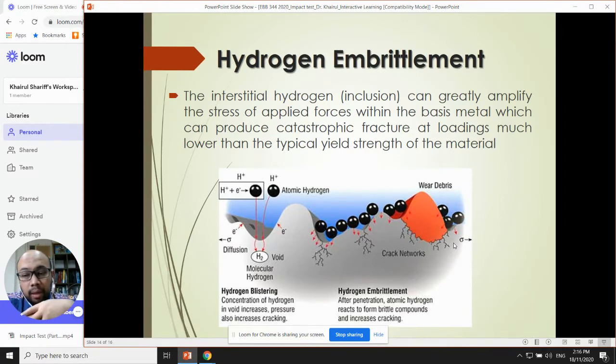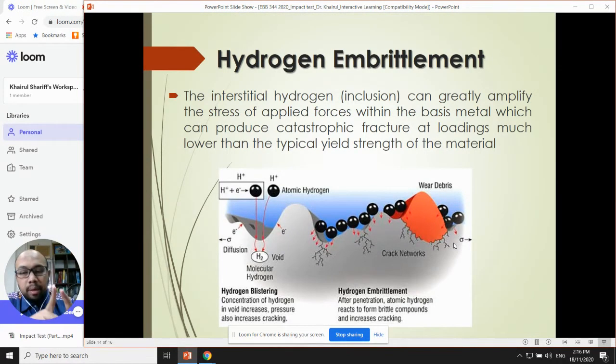So the metal is not suitable to be used, especially for oil and gas or acidic processing procedures. That's why they are keen to use glass-based material instead of metal materials.